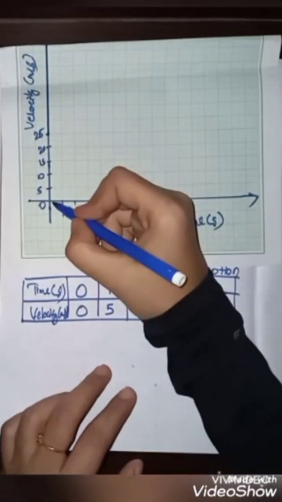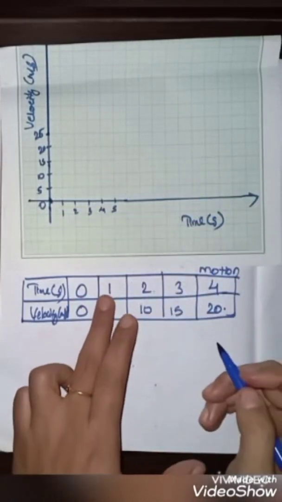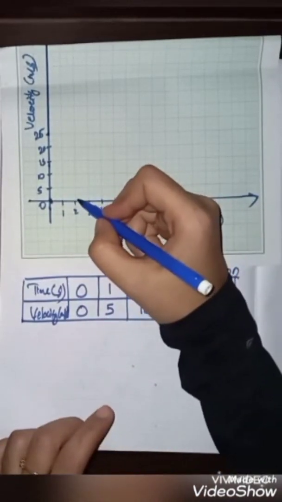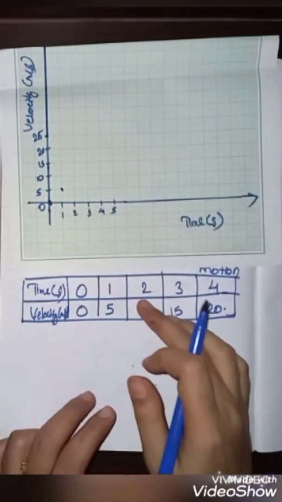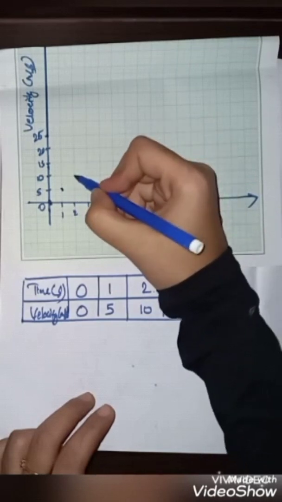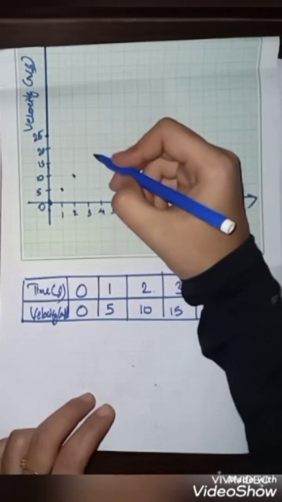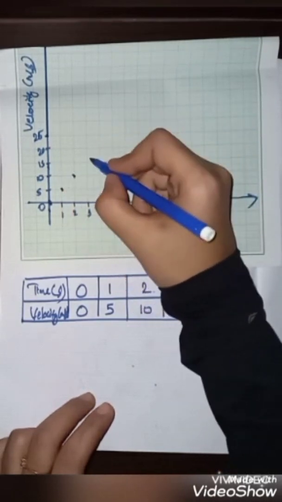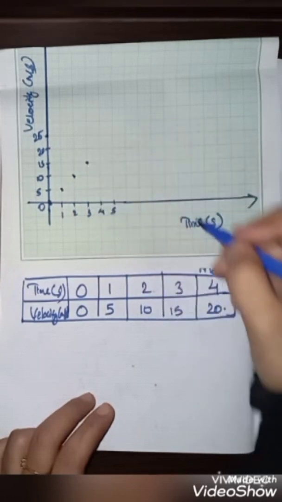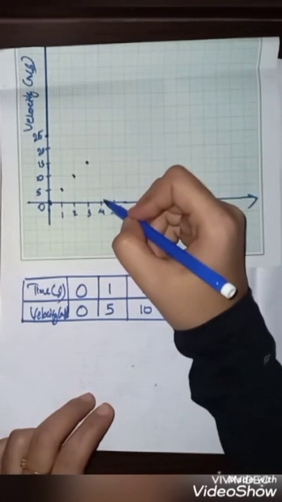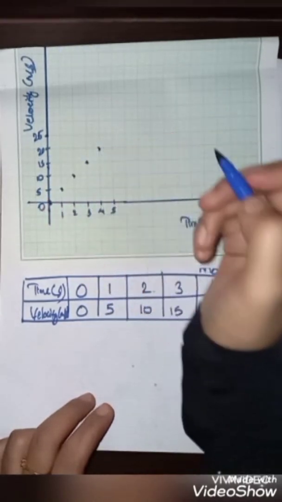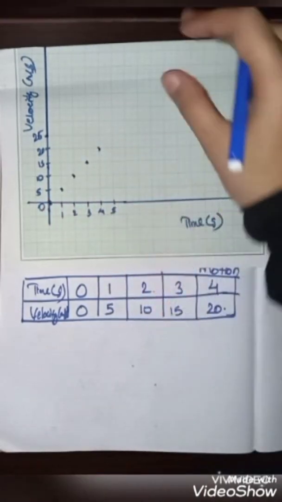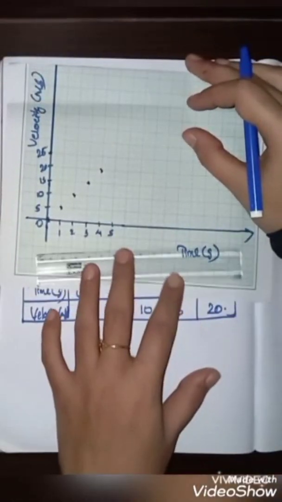At 0 it is 0. At 1 second it is 5. At 2 seconds it is 10. At 3 seconds the velocity is 15. And at 4 seconds it is 20 meter per second.